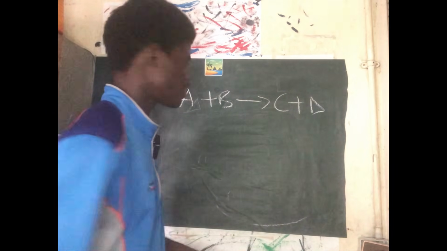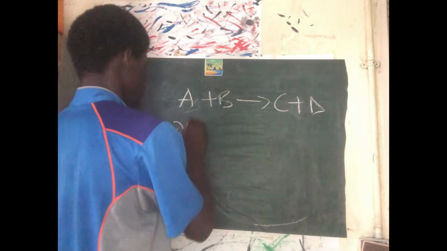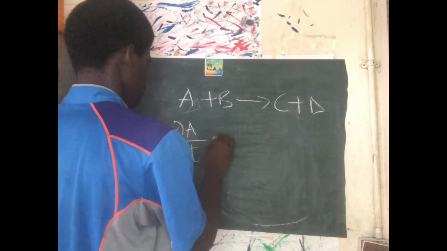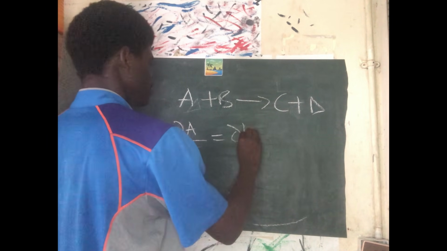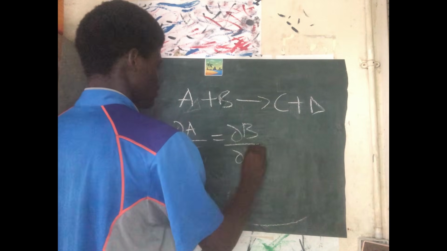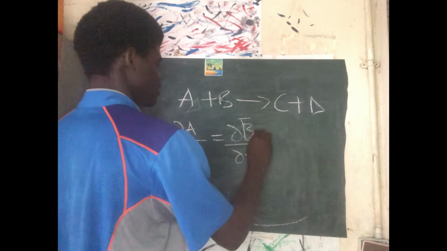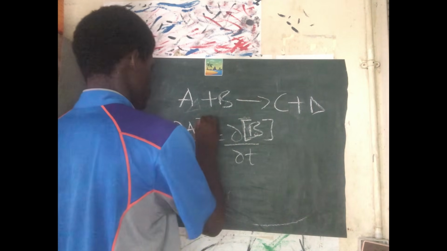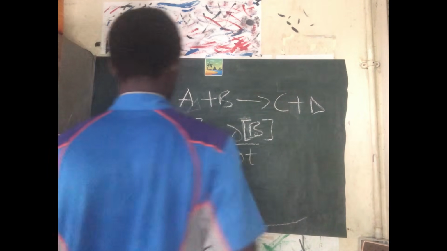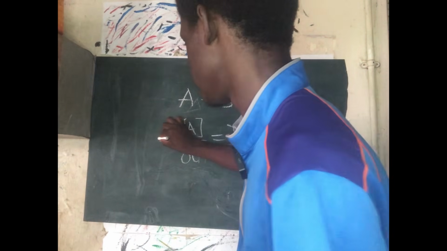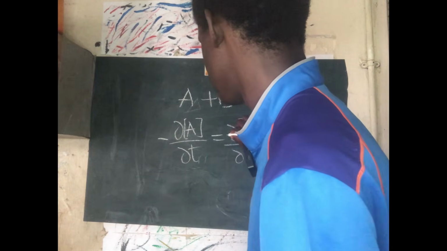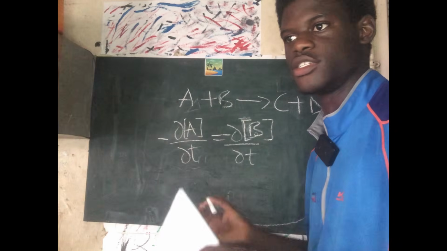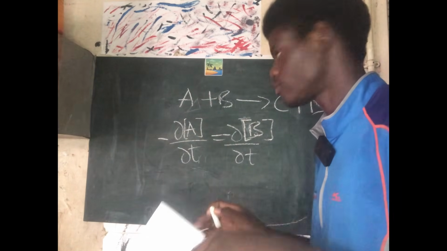To write their rate, you can just say change in A, that's dA/dt, is equal to dB/dt. This will be in molar, this B will be in molar, this A will also be in molar. But there will be a negative on the reactant side. There will always be a negative here because as the reaction is proceeding, the reactant is going down.